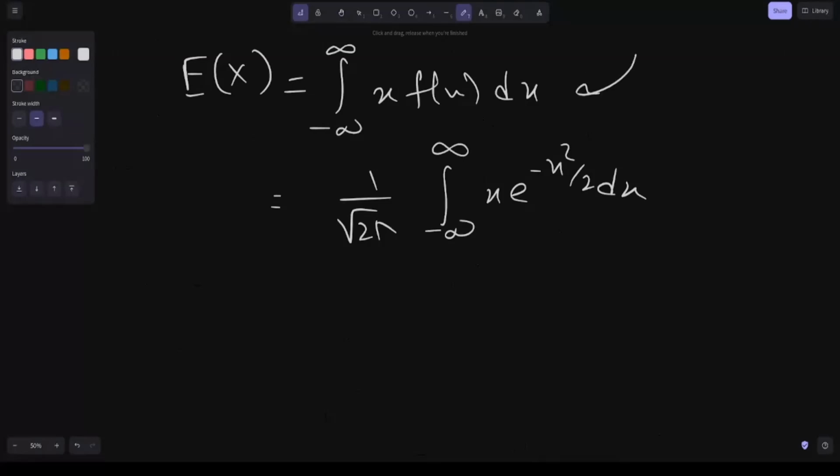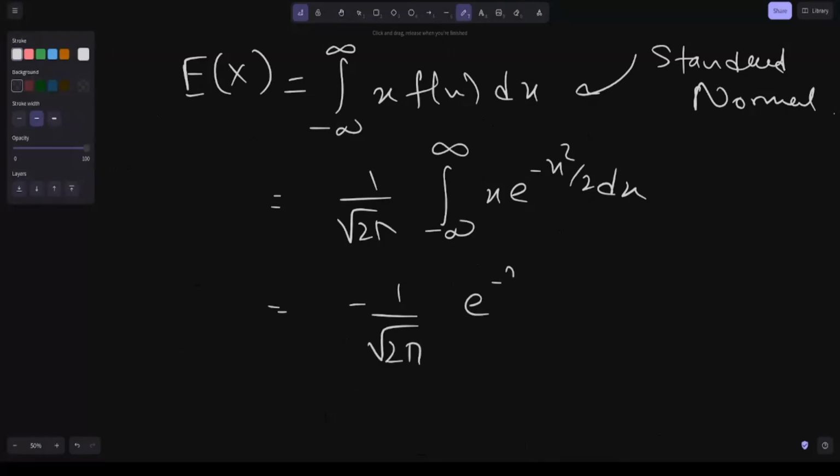We are taking all standard normal right now. Okay, so this becomes minus 1 by root 2 pi e to the power minus x square by 2, from minus infinity to infinity. The value of this is 0, so this comes out to be 0.